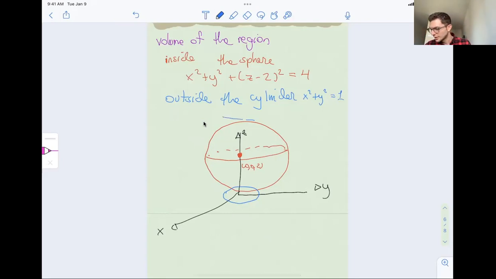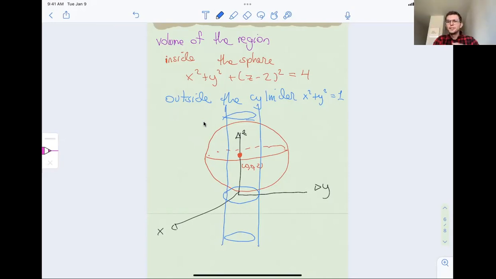So that's how you end up with the cylinder. It's like you insert a tube through a sphere, right? And the stuff in between is what I'm asking you to find the volume of. Is that making sense?